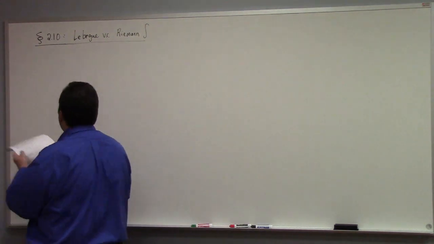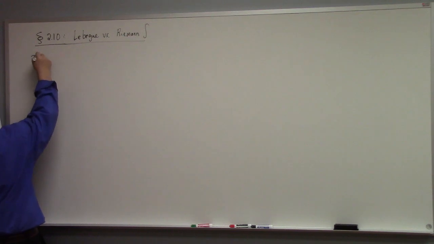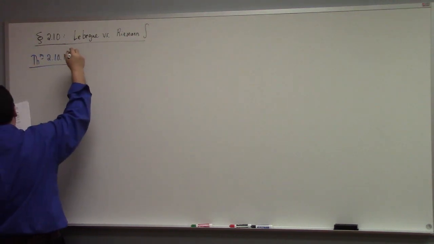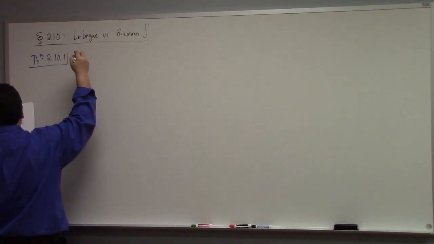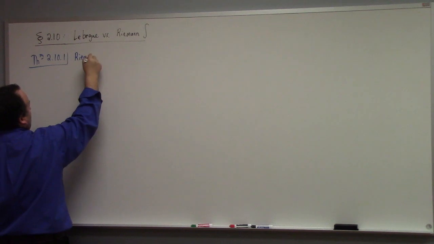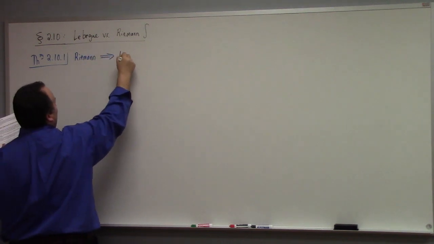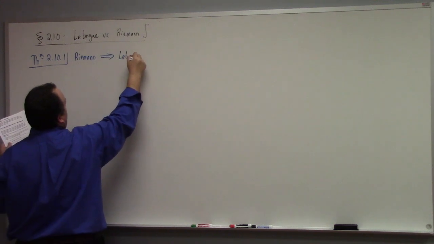Okay, so here we go. Theorem 2.10, point 1. It says a Riemann integrable function is Lebesgue integrable, and the integrals are equal. So I'll just abbreviate it like this: Riemann implies Lebesgue.